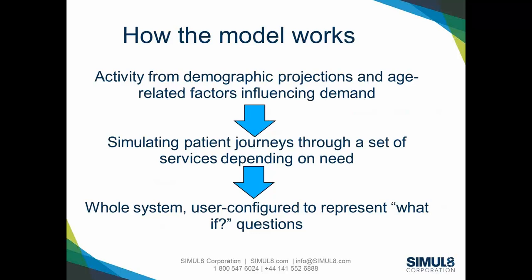So how it works is we're taking activity from demographic projections and the factors that influence demand. In particular for healthcare, we're looking at age-banded disease prevalence, so if your population changes over a number of years, then you associate that with the age-banded disease prevalence, and you can understand how that's going to influence your demand in particular areas of healthcare.